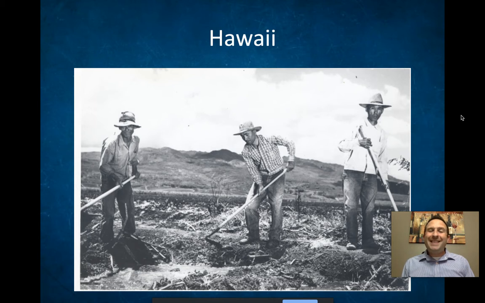And since 1875, Hawaii was able to enter into a trade agreement with the United States to allow the export of Hawaiian sugar into the United States without paying tariffs or taxes. In exchange, Hawaii received the promise that none of its territory would ever be taken over by the United States.